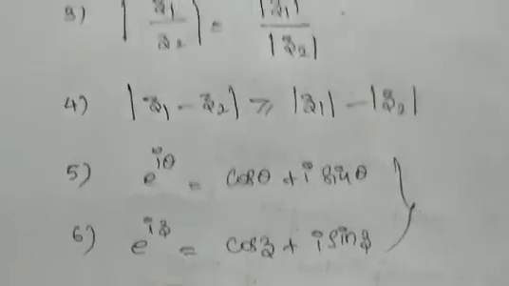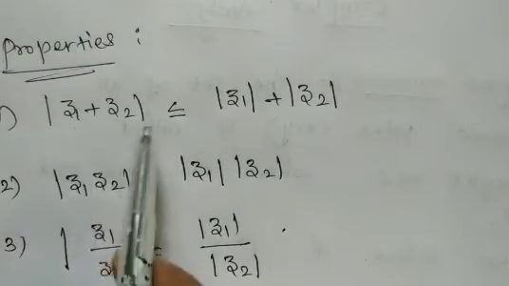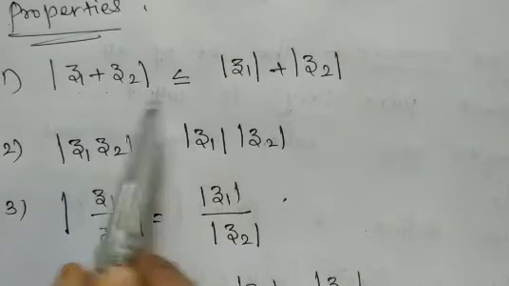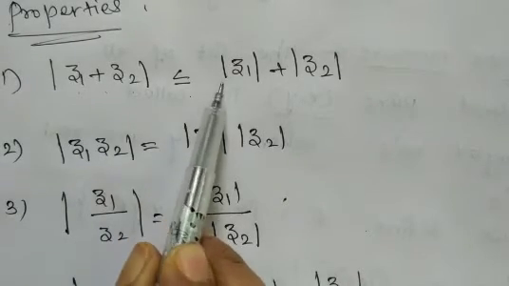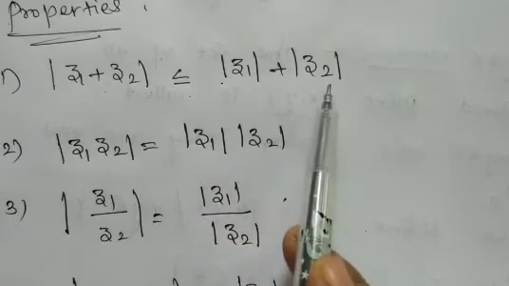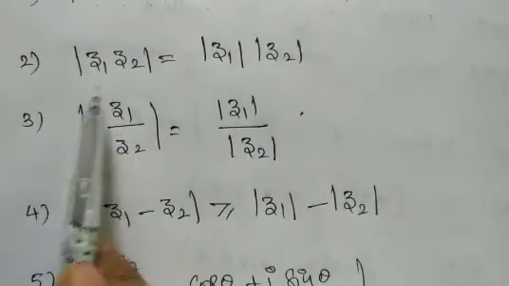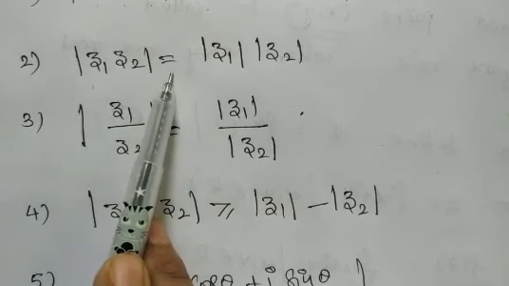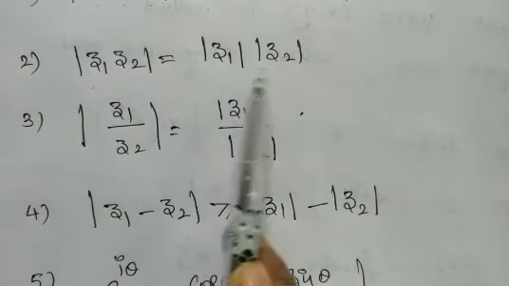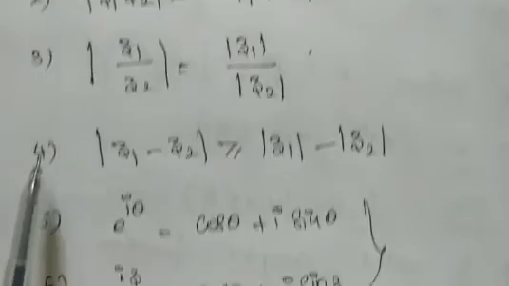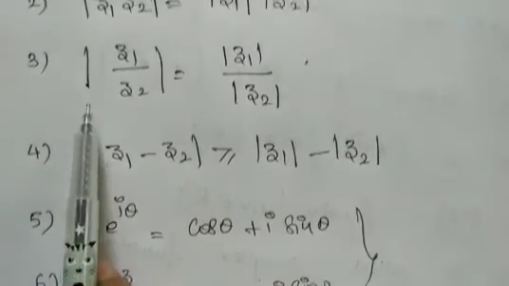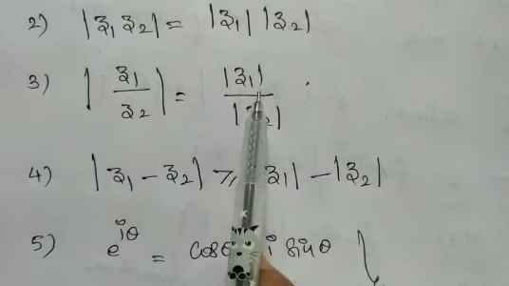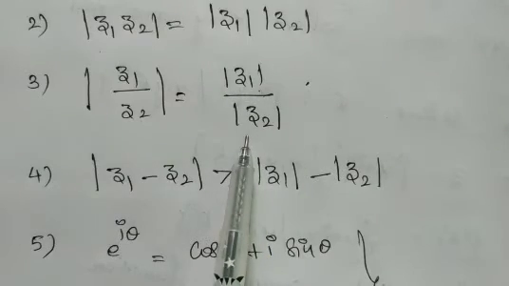So these are the properties. The addition property of complex numbers: modulus of z1 plus z2 less than or equal to modulus of z1 plus modulus of z2. Next, the multiplication property: modulus of z1 into z2 equal to modulus of z1 into modulus of z2. Next, the division property: modulus of z1 by z2 equal to modulus of z1 by modulus of z2.